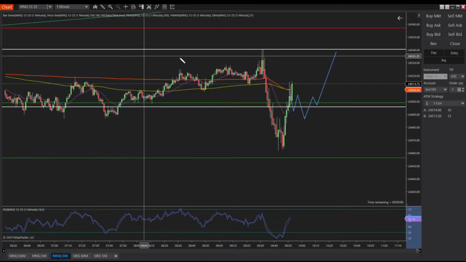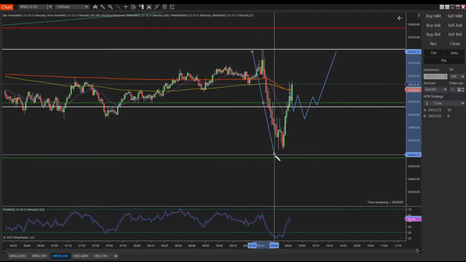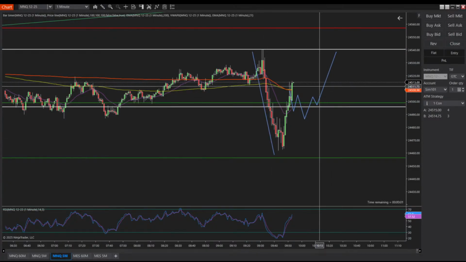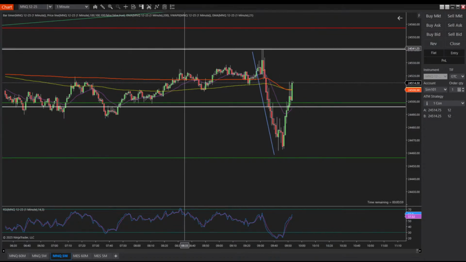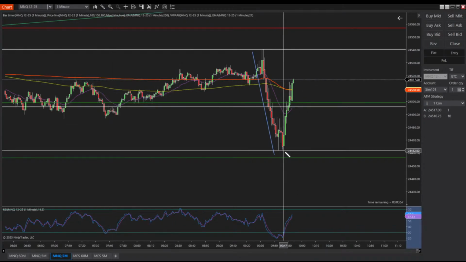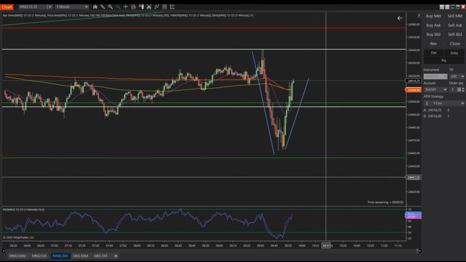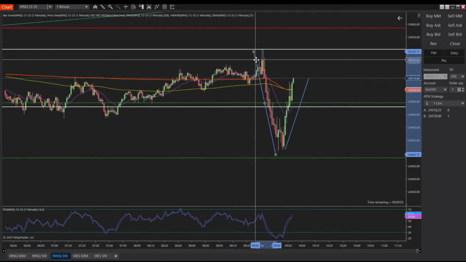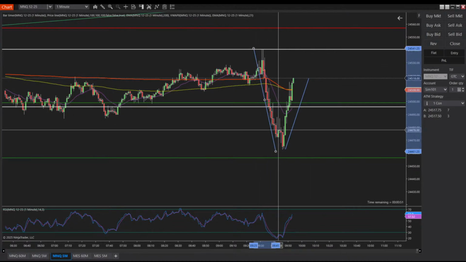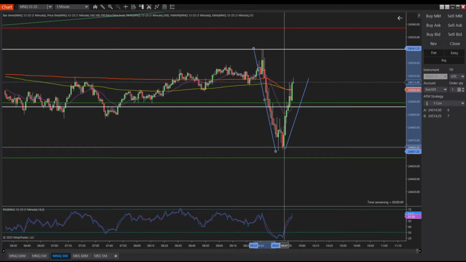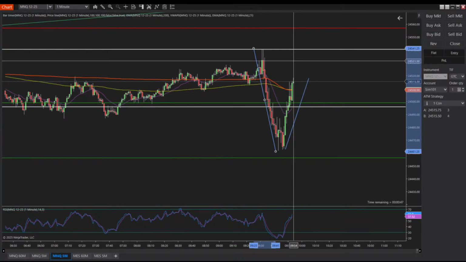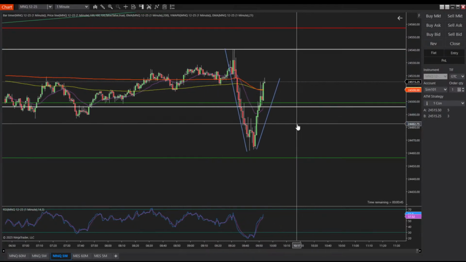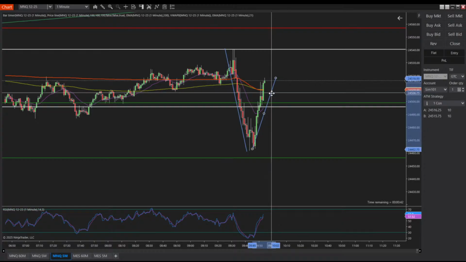Look at the strength on this move right here, and now look at the strength of this move right here. We almost completely reversed the entire move down. So for me, this is usually a reversal. It's a reversal happening.